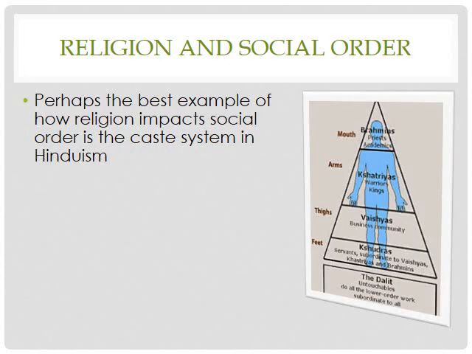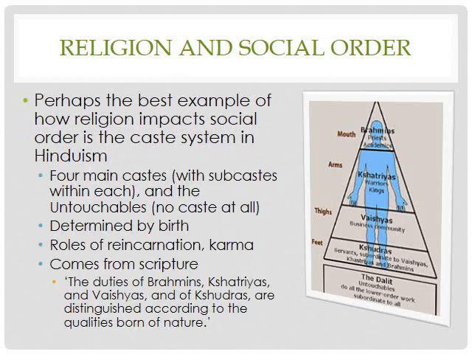Religion and social order. The best example that we could come up with for religion and social order is that of the caste system in Hinduism. And the visual that's used to represent the caste system is a person. And then there's the four main castes that deal with different parts of the body: the mouth, the arms, the thighs or the legs, and then the feet.